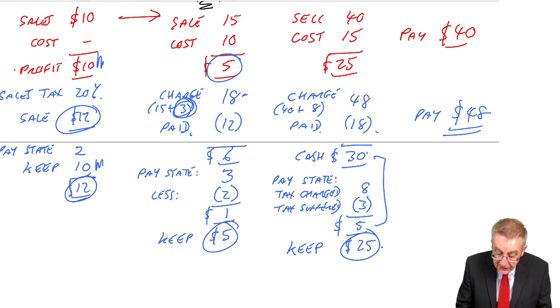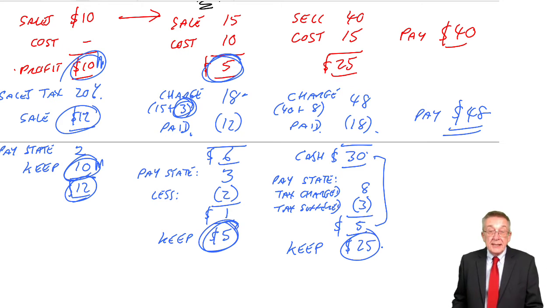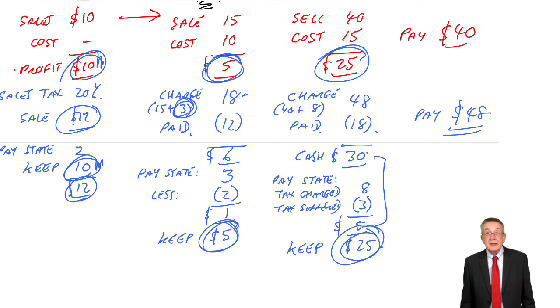The farmer still ended up keeping $10. The knitter still ended up keeping 5. The shop still ended up keeping 25. So as I've kept saying, apart from the hassle involved, it made no difference to them. But you're the person who suffered. You've ended up paying $8 more.